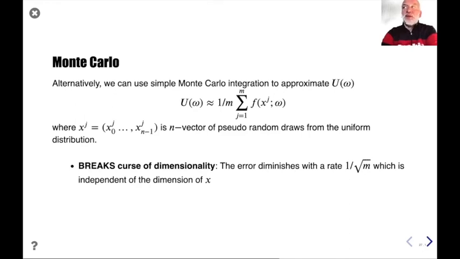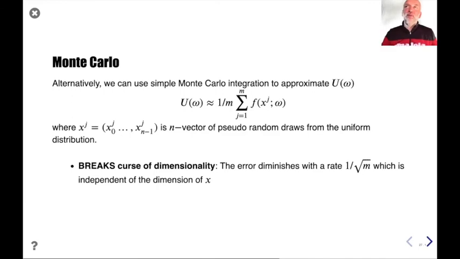The remarkable feature is that this rate of convergence does not depend on the size of the integral. It's just independent of the size. There's no curse of dimensionality, because you don't need to do all these different combinations of draws and then add them up.